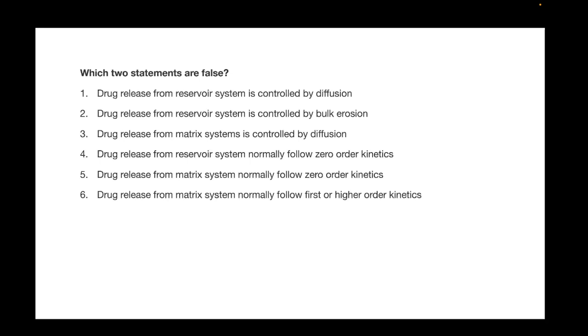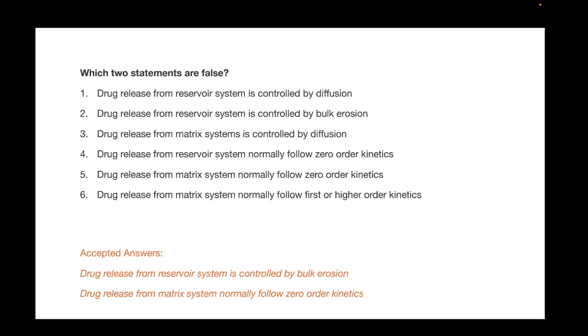Option 5, drug release from the matrix system normally follows zero order kinetics, is another false statement. The matrix systems normally follow a non zero order release, mostly first order, as the release rate decreases over time due to the concentration changes across the gradient. So option 2 and 5 are the correct answer.